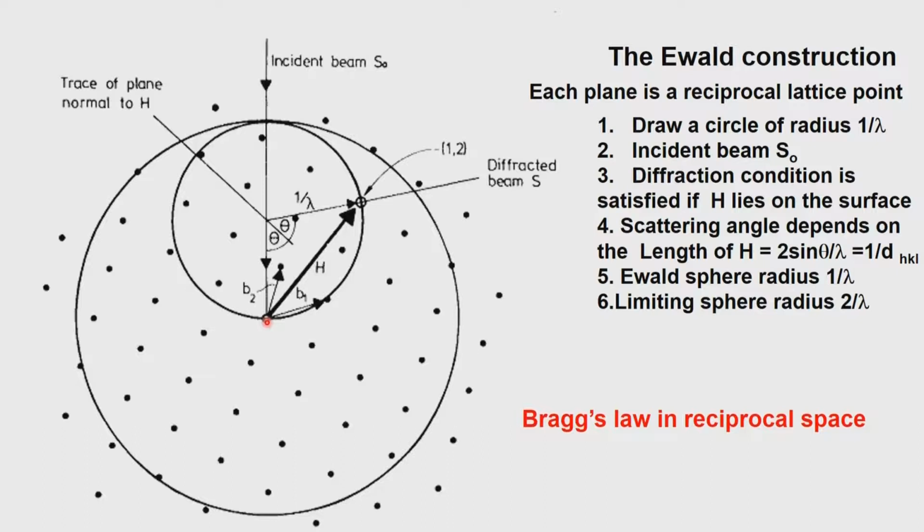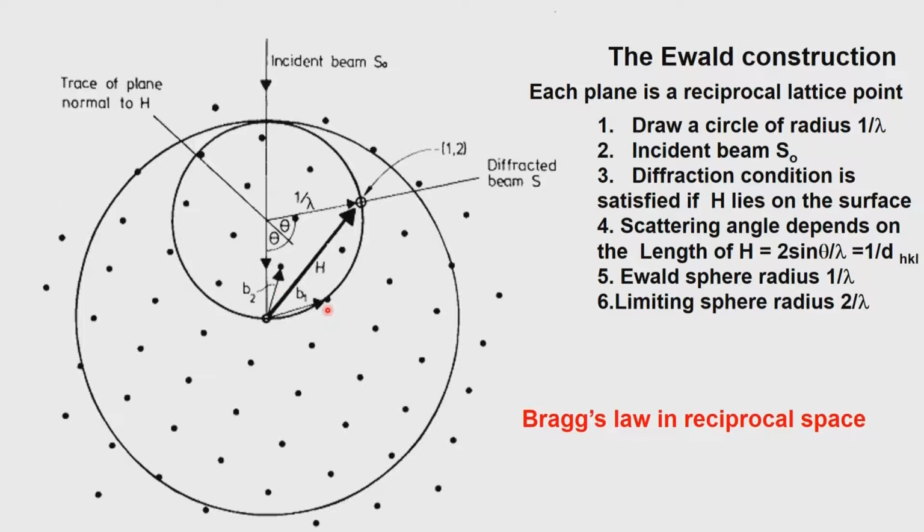So, can we use this method to find out what diffraction condition has to be satisfied? In this particular example we have taken the reciprocal lattice points, and this is the vector b 1, the reciprocal lattice vector, and this is the vector b 2, the second vector.